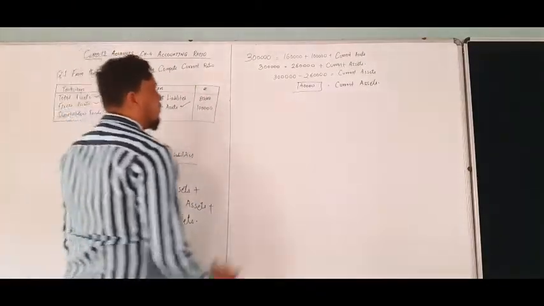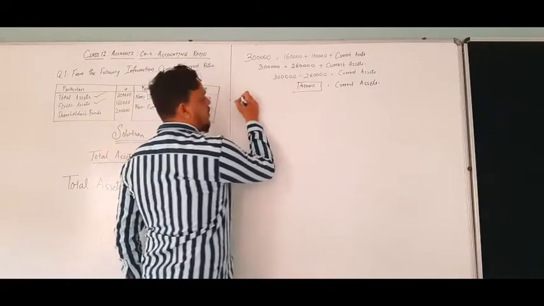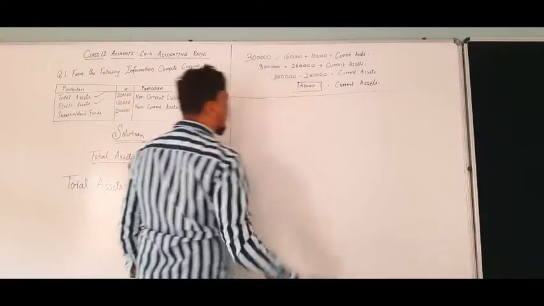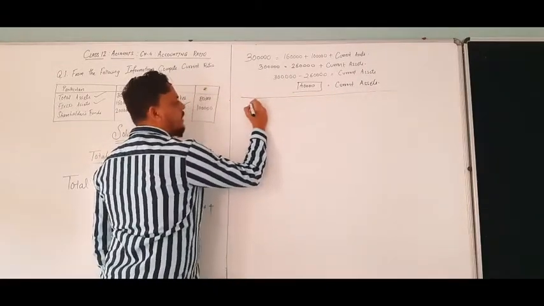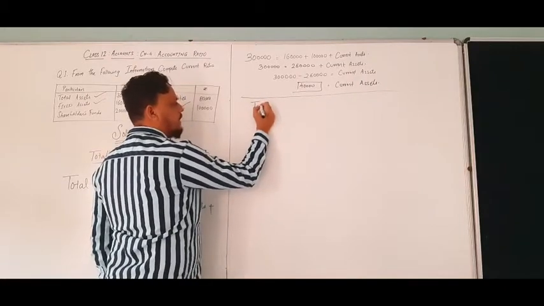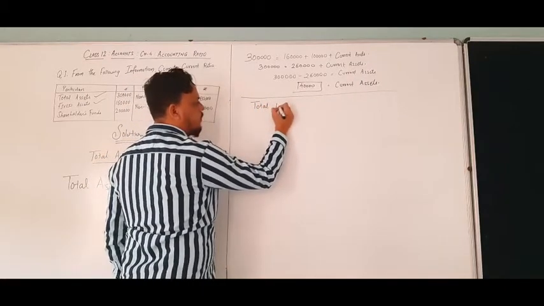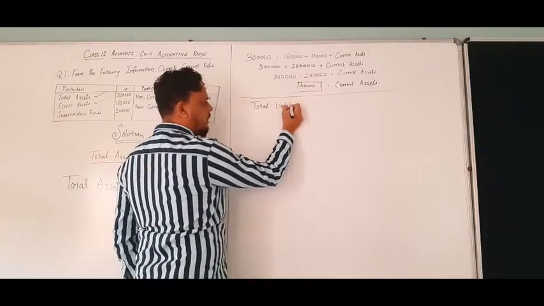Now this is for total and current assets. Now we go to the current liability. As I already said in the beginning, total assets is equal to total liabilities.